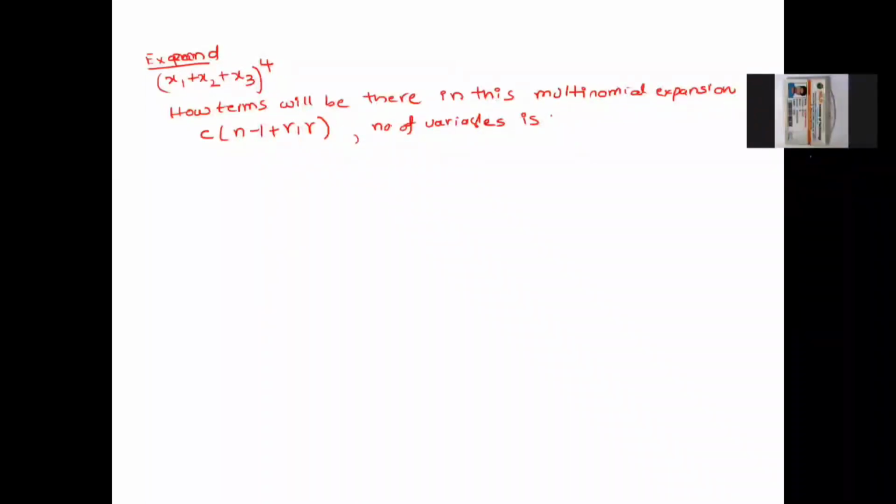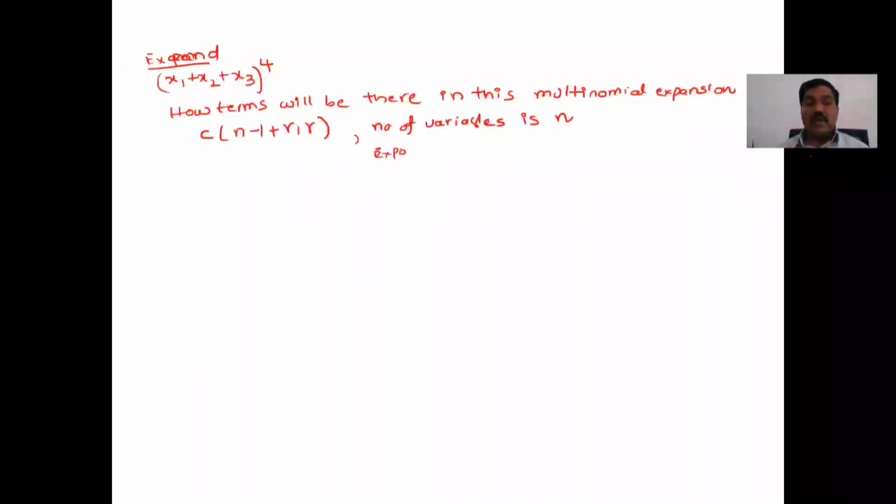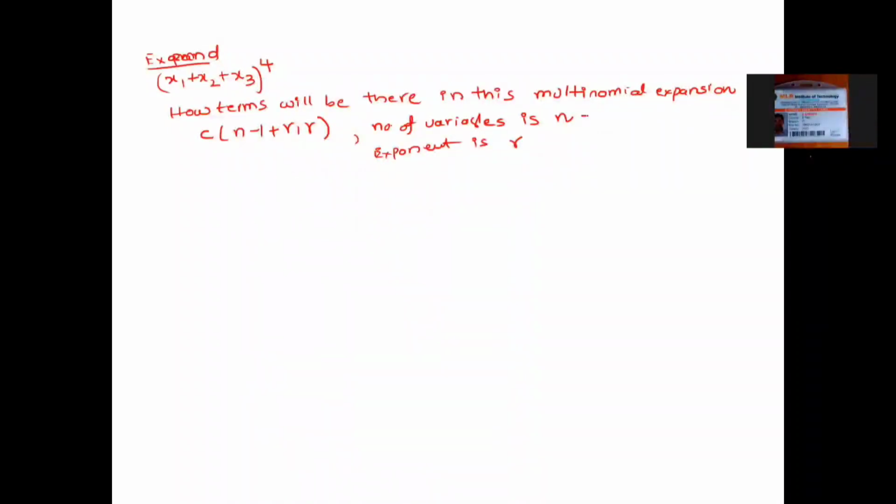Yeah, number of variables is n, and exponent is r. Now tell me, what is n in this case? How many variables are there? 3. So your n is 3. And what is r in this case? 4. This is your r. So r is 4. So you substitute in this formula.